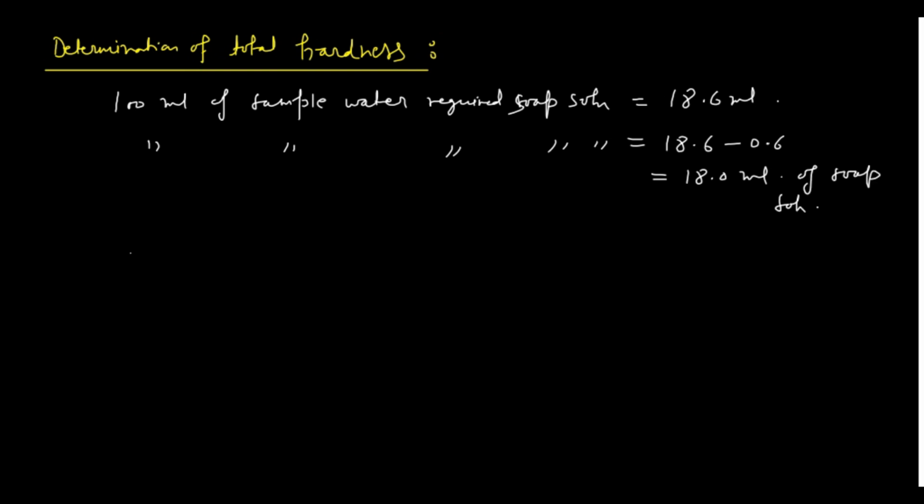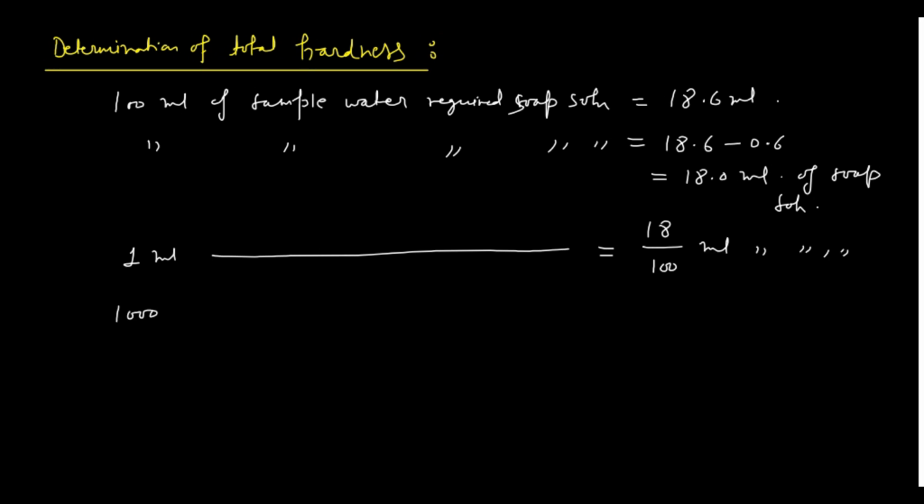And since your hardness is calculated in milligram per liter, that means you need to do this calculation for your 1000 ml, right? So for 1000 ml, first of all you will do for the 1 ml, apply the unitary method. I am doing one more step so that everyone can understand what we are doing actually. 18 divided by 100 ml of the soap solution.